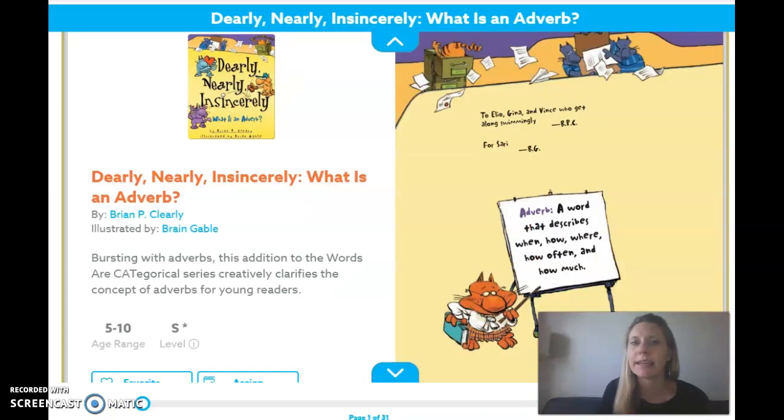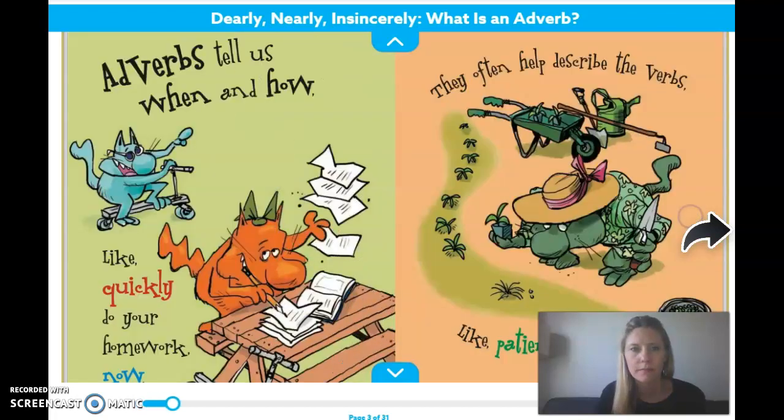Dearly, nearly, insincerely. What is an adverb? Adverb. A word that describes when, how, where, how often, and how much. Adverbs tell us when and how, like quickly do your homework now.